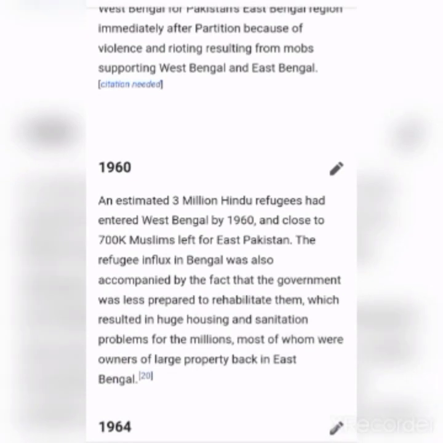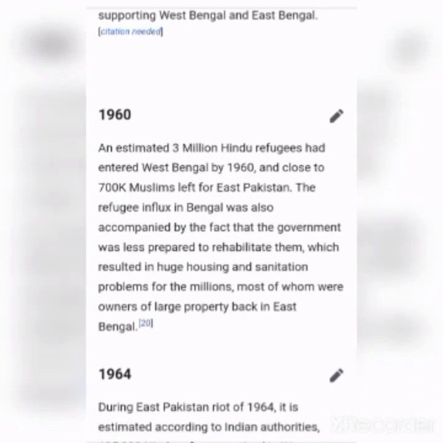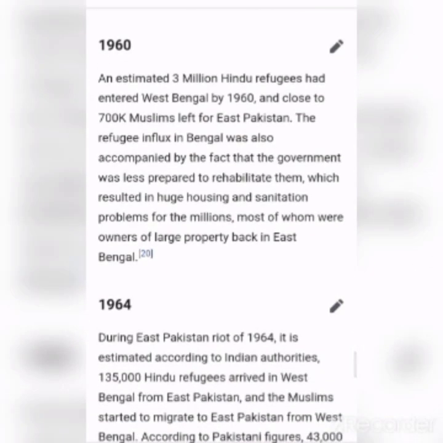The refugee influx in Bengal was also accompanied by the fact that the government was less prepared to deal with housing and sanitation problems for the millions, most of whom were owners of large property back in East Bengal.